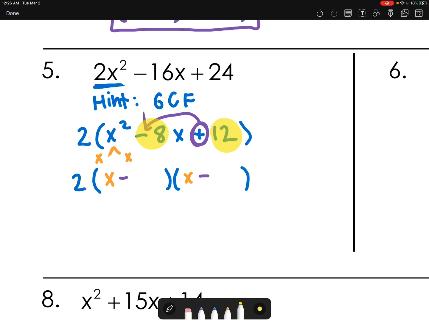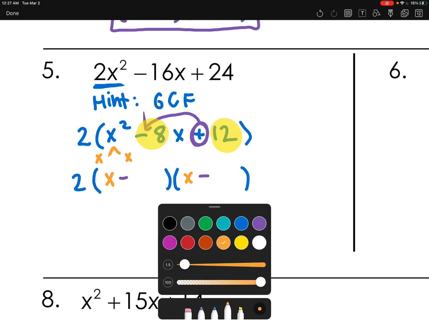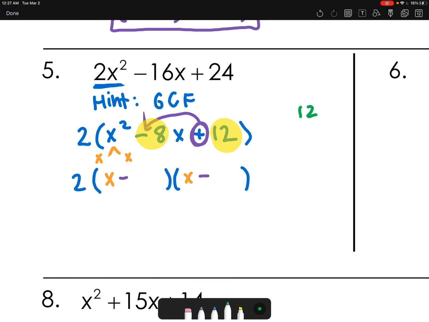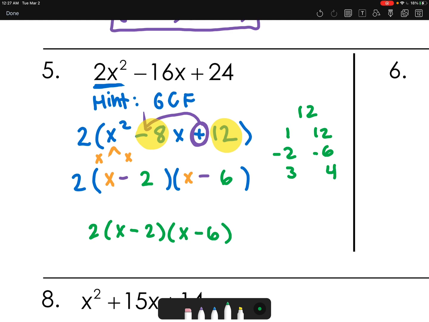Now is when I decide, okay, I need to think of 2 numbers that multiply to 12 and add to negative 8. And so I have 1 and 12, 2 and 6, 3 and 4, and that's it. So which ones will add up to negative 8? Negative 2 and negative 6. So I'd put 2 and 6 right here, and my final answer would be 2 times x minus 2, x minus 6.